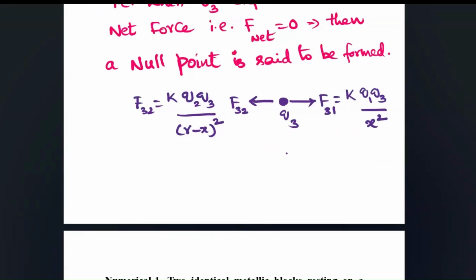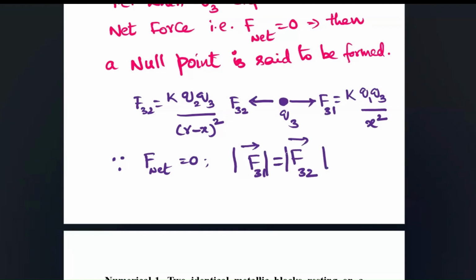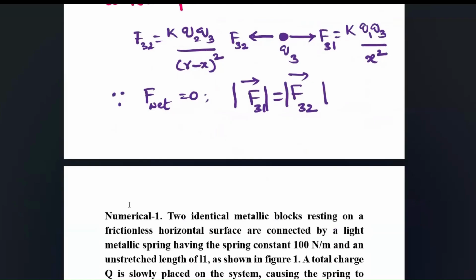Because F net is 0, the magnitude of forces acting on Q3 will be the same. So F31 equal to F32, or in magnitude form, mod of F31 bar is equal to F32 bar. Let us substitute here.